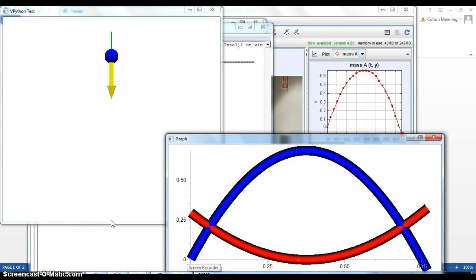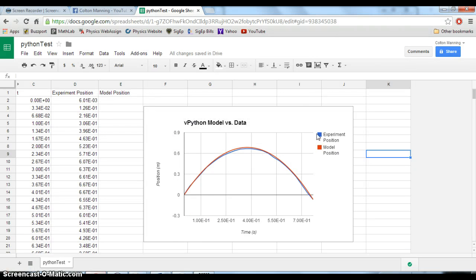When we plot this against the actual experimental position found by using tracker, we see that the experimental position almost identically matches that of the model position. The red model position is only slightly higher and a little bit smoother than the experimental position, but that is most likely due to human error in miscalculating the actual position of the center of mass of the ball.